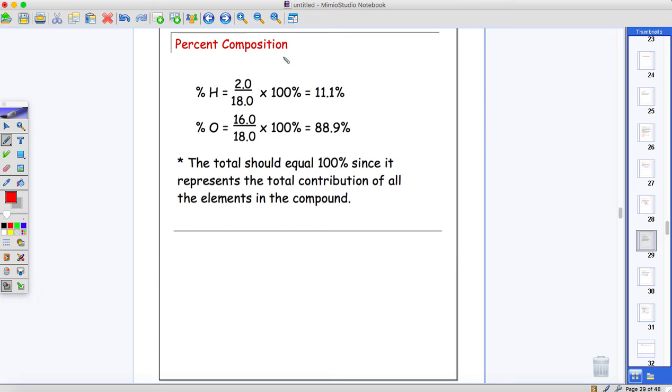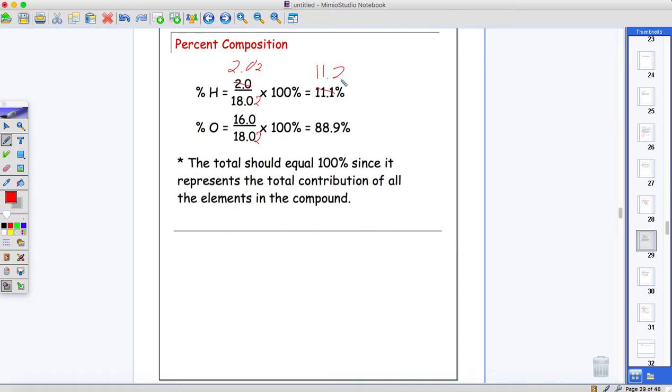Then you're going to take each of those individual parts. You're going to take 2.02 divided by 18.02, and you're going to take 16 divided by 18.02, and you should get numbers that come out to, my numbers come out to 11.2% instead of 11.1%.